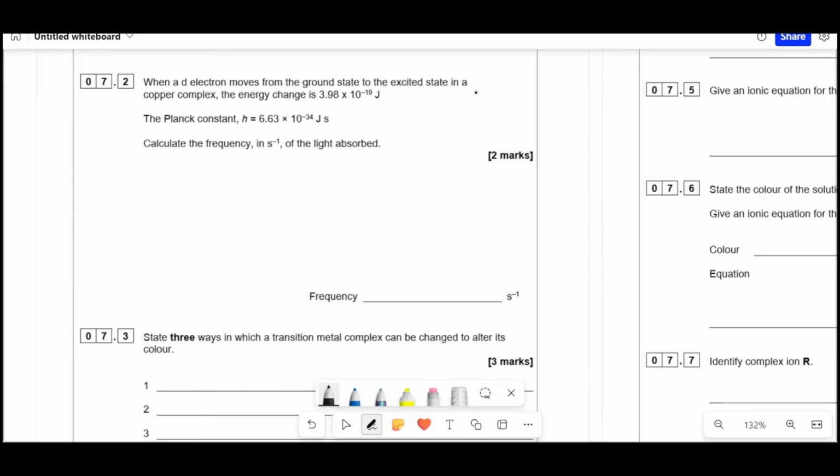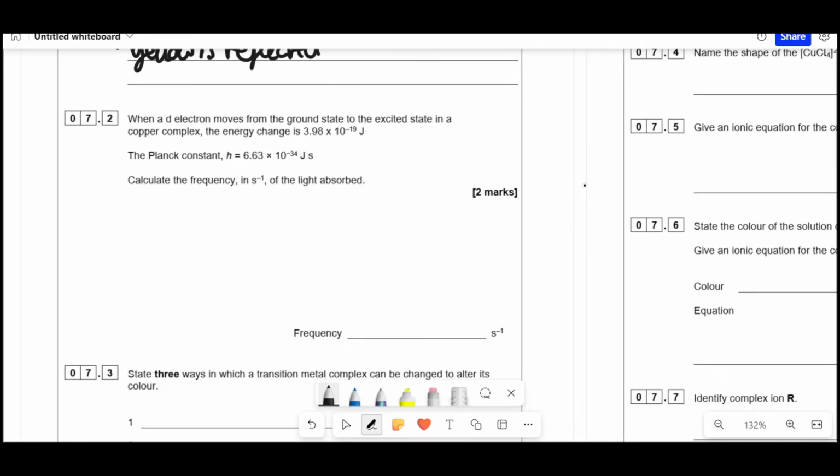Then it says, when a d electron moves from the ground state to the excited state in a copper complex, the energy changes by this. The Planck constant is that. Work out the frequency of the light absorbed. So the energy gap change is going to be E equals hv, or E equals hc over lambda.